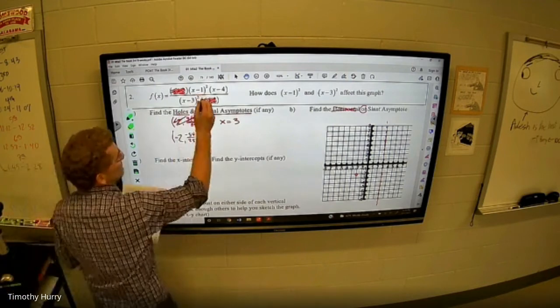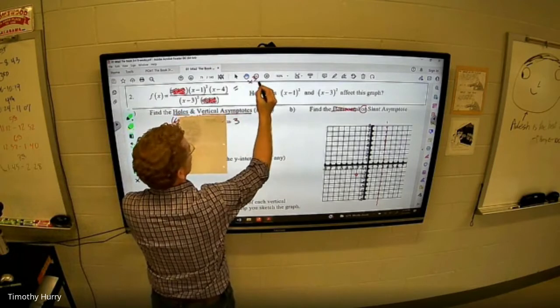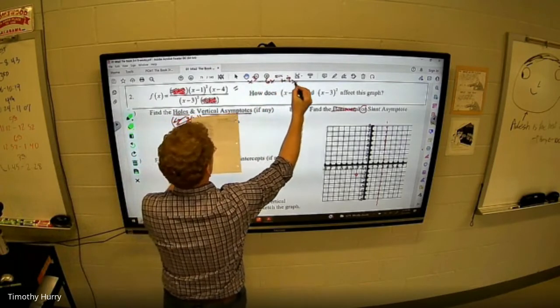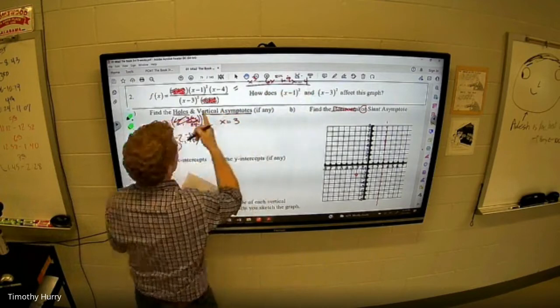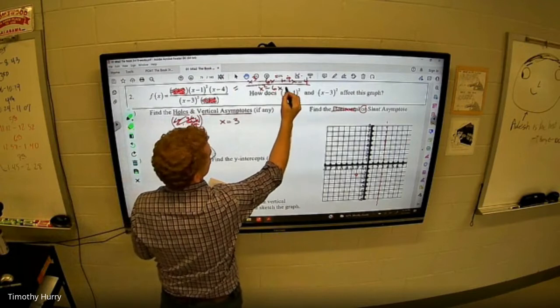So the top part ends up being x to the third minus 6x squared plus 9x minus 4. The bottom part's a little more doable, right? X squared minus 6x plus 9.